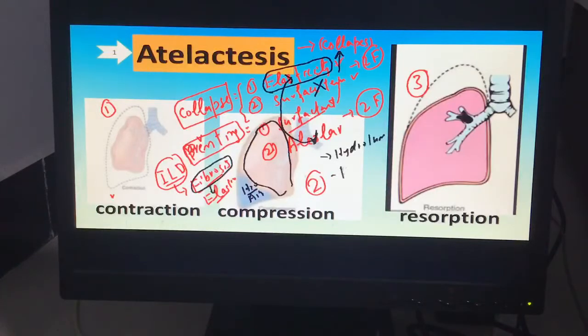If the pleural cavity has too much air, this condition is known as pneumothorax. So the two conditions are hydrothorax and pneumothorax.